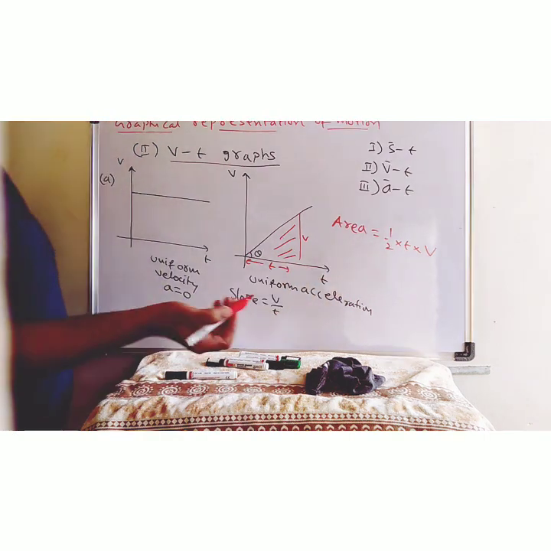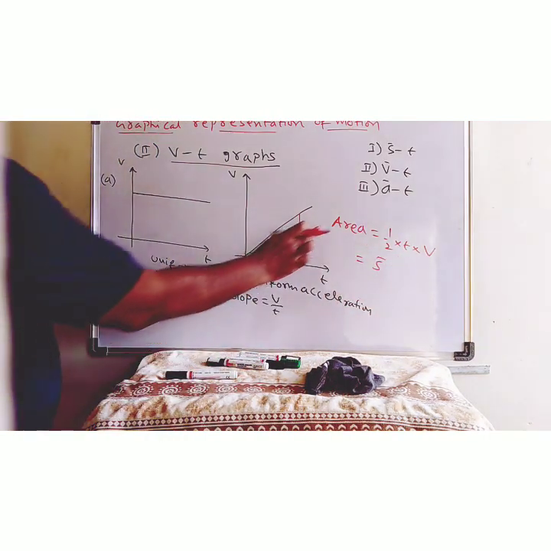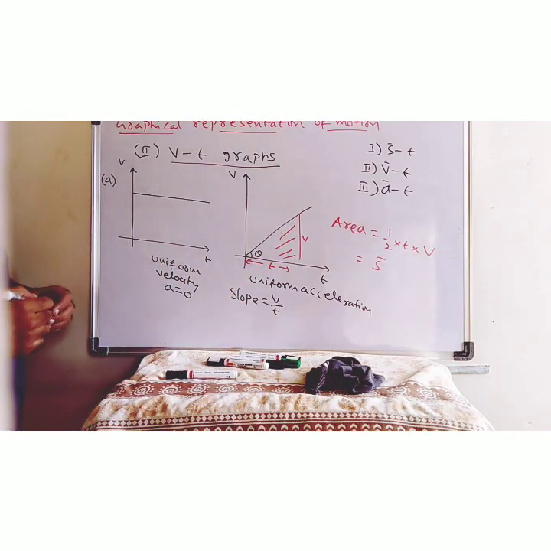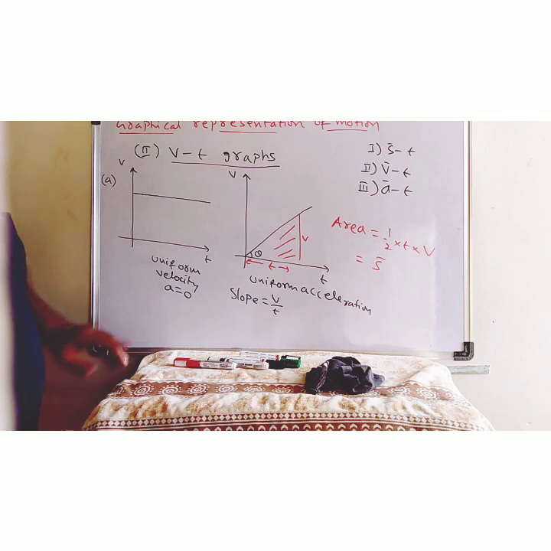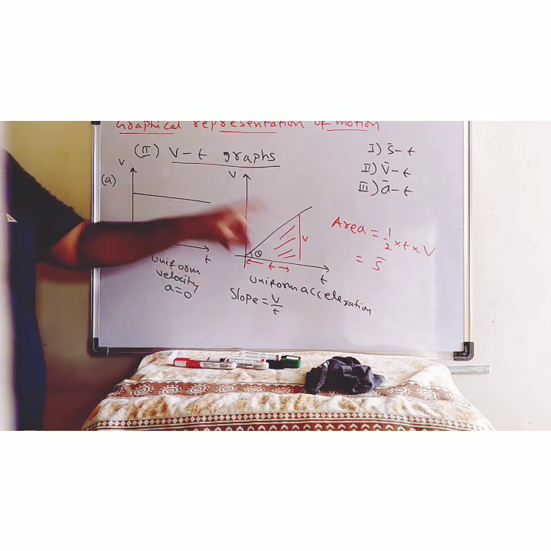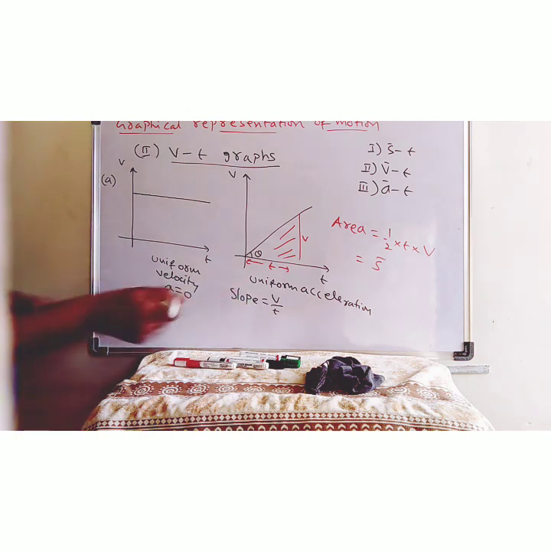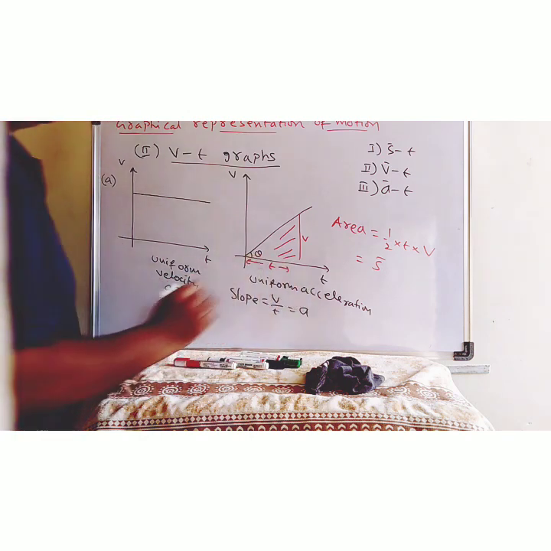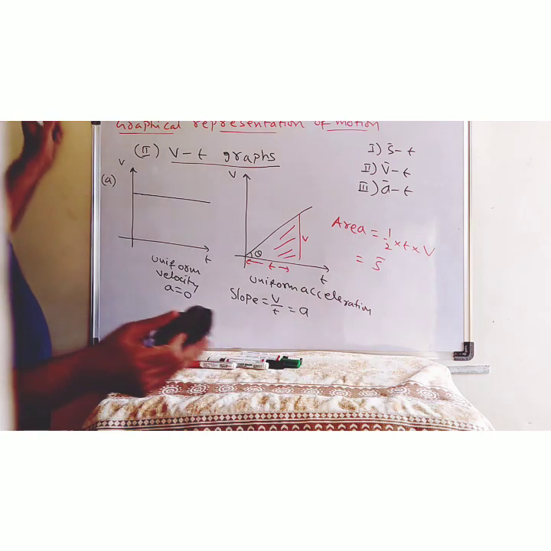Velocity into time gives displacement. So the area under the VT graph gives displacement, whereas the slope of the velocity time graph gives acceleration. Two things you need to remember. Are you following, sir, what I am saying here?